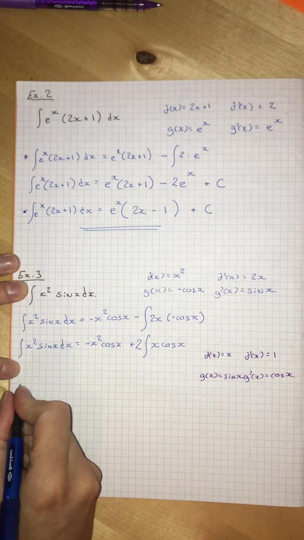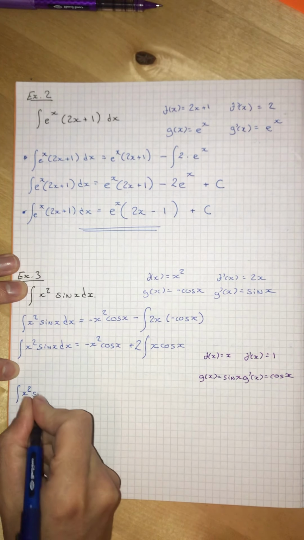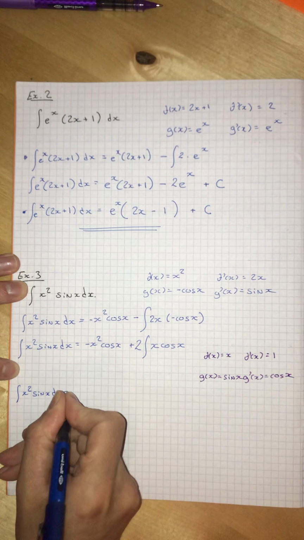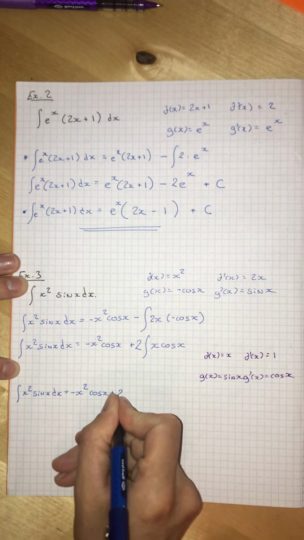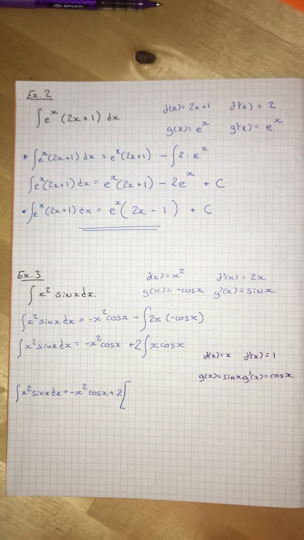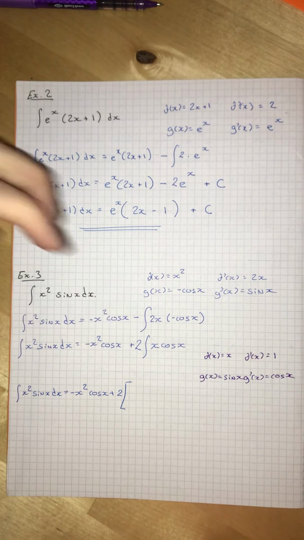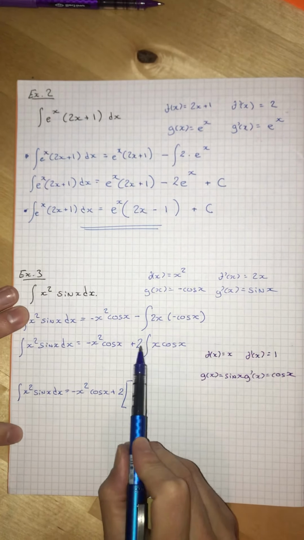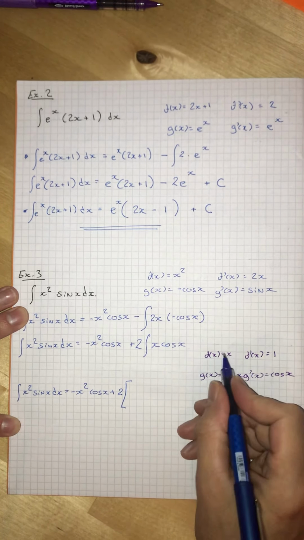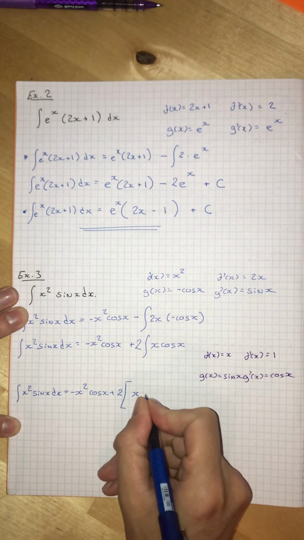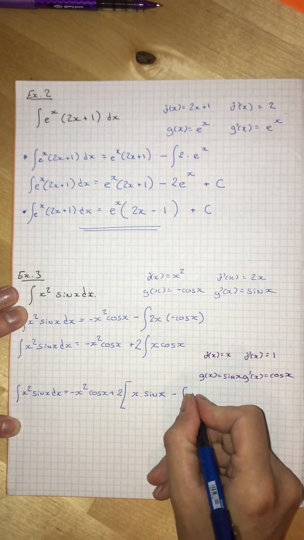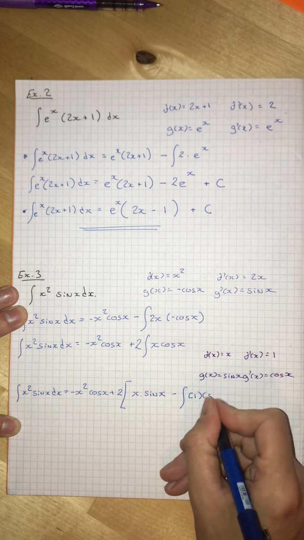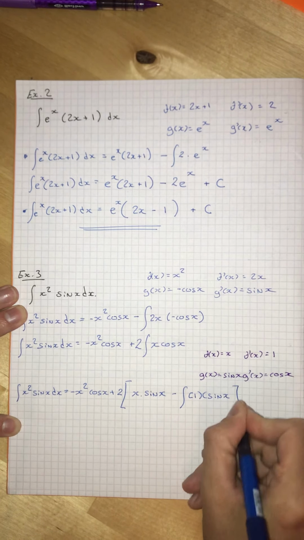So we get integral of x squared sine x dx equals negative x squared cos x plus 2 bracket, integration by parts within the function. So that's going to become f of x g of x, so x times sine x minus the integral of f dashed x times g of x. Close brackets.